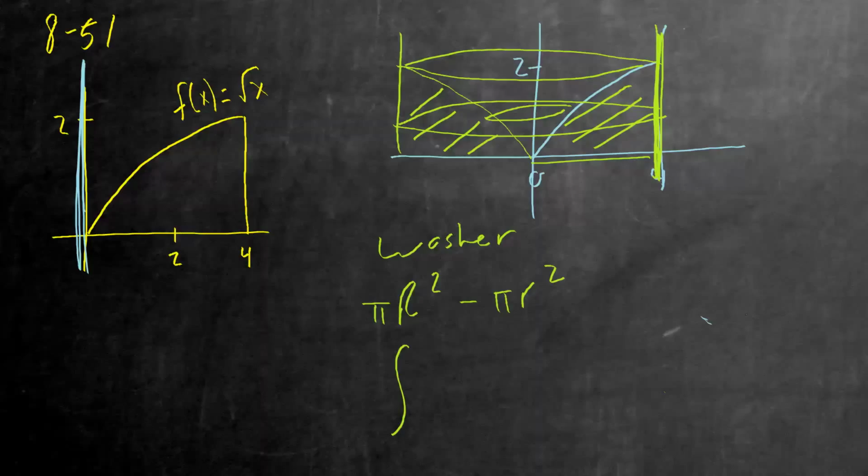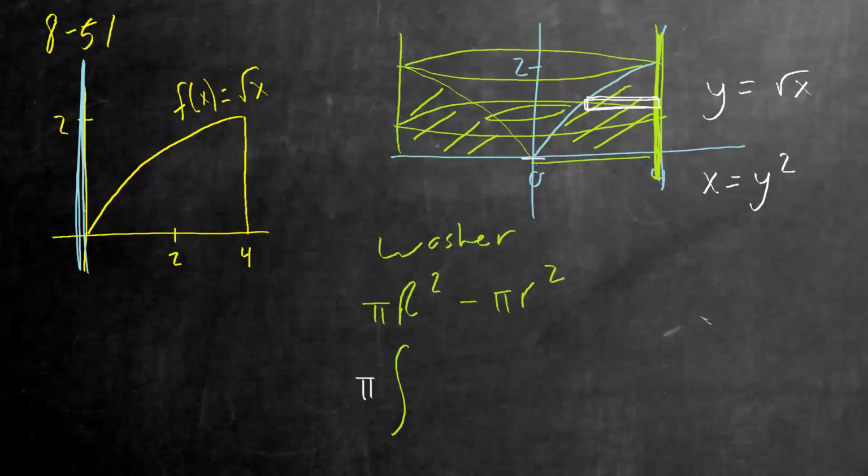Now, my generic rectangle is going to be right here. If I write it vertically, it is my x values. I want y equals square root of x, so I need x equals y squared. But this outside radius is nice and easy.